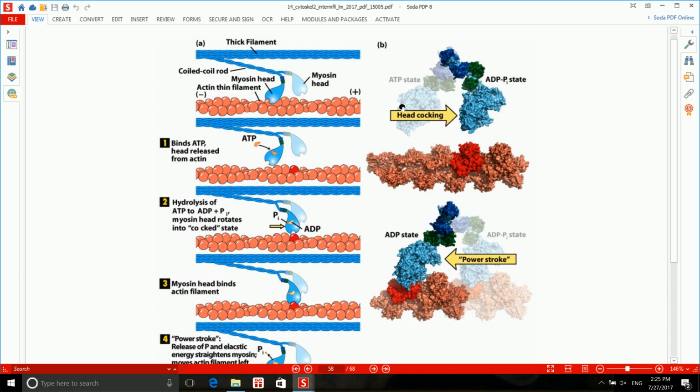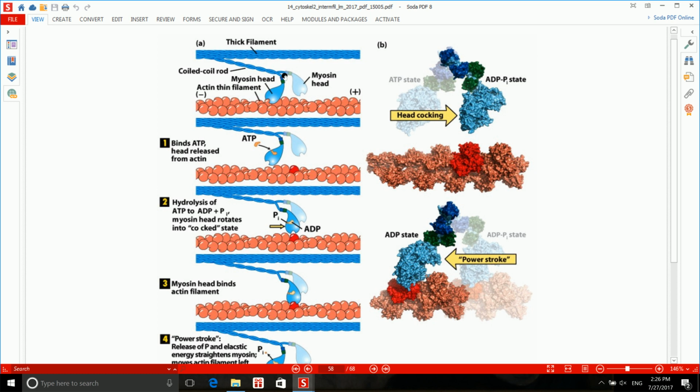So we said the motor proteins for microtubules are dyneins and kinesins, and the main difference for them is that they move in opposite directions. And the motor protein for microfilaments, or the actin filaments, which microfilaments are made of, are myosins.